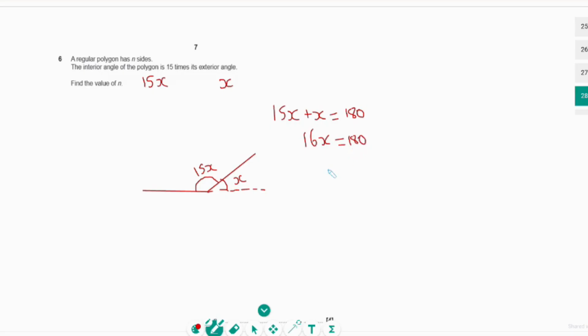Divide both sides by 16. 11.25. There are some certain formulas you need to remember for this topic. One of them is exterior angle equals 360 divided by number of sides.